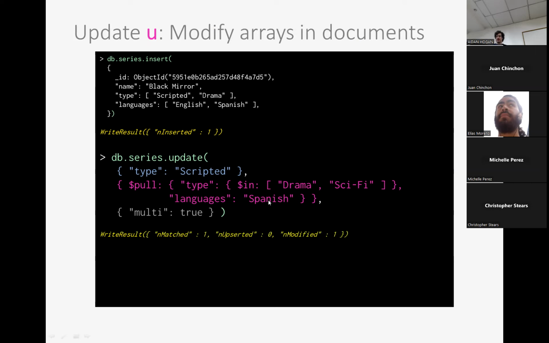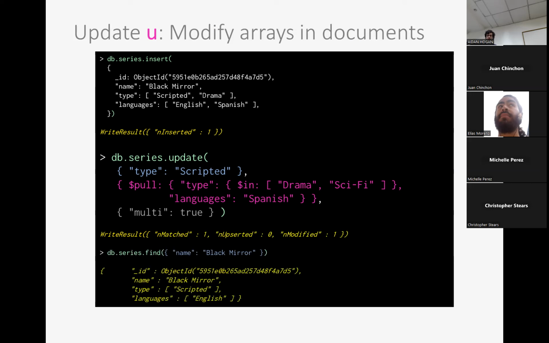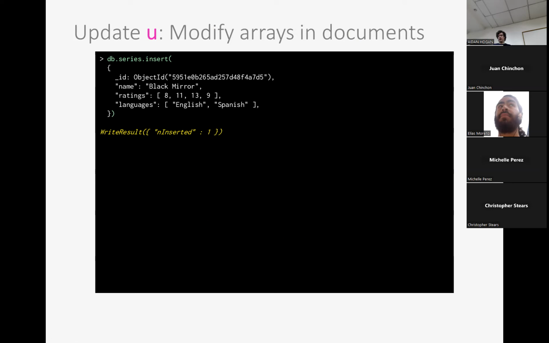So what this basically means is that we're going to modify this document, and if we query it again, we'll see that we've removed these values that we've added here. So we removed drama. We would also remove sci-fi if it were there, and here we've removed Spanish from the languages. So it allows us to get rid of some values from an array.